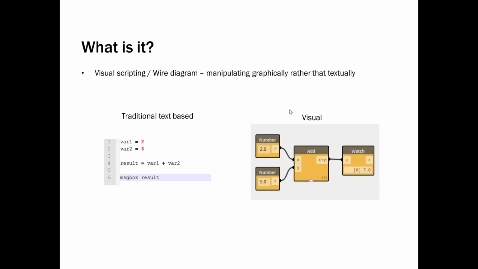So what it does is it removes the entry barrier into the scripting realm. With traditional text-based scripting, it's very precise with the syntax that needs to be used. Different languages have different syntax, and so all of the commas and potentially brackets and semicolons need to be in exactly the right spot for that script to work correctly.